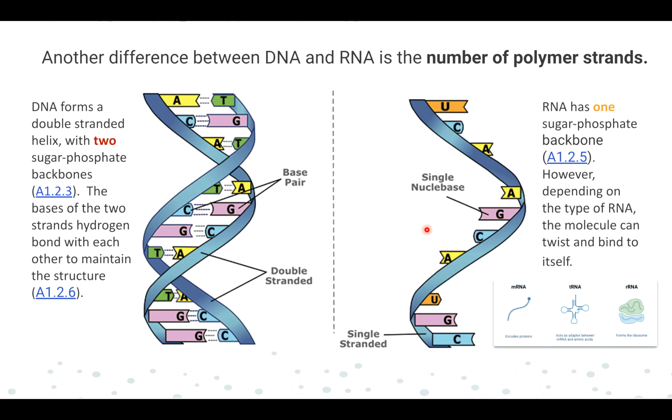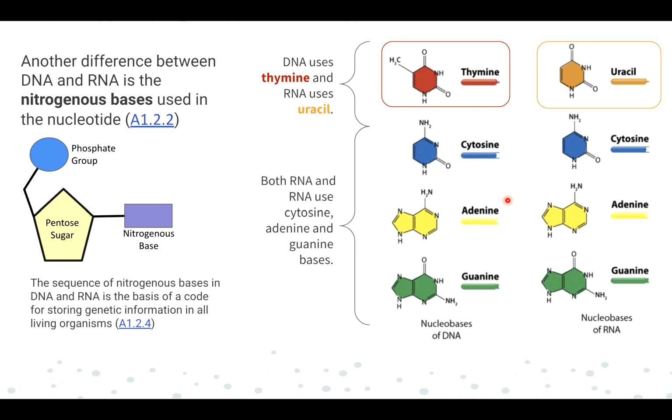Next difference you can say, there are two sugar phosphate backbones in DNA, whereas in RNA there is one sugar phosphate backbone, right? So four differences now we have. Next, fifth difference, DNA contains thymine, whereas uracil is present in RNA.